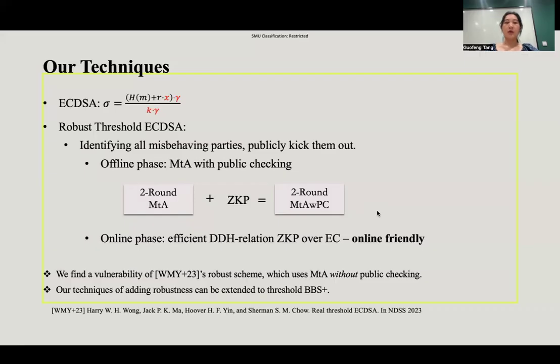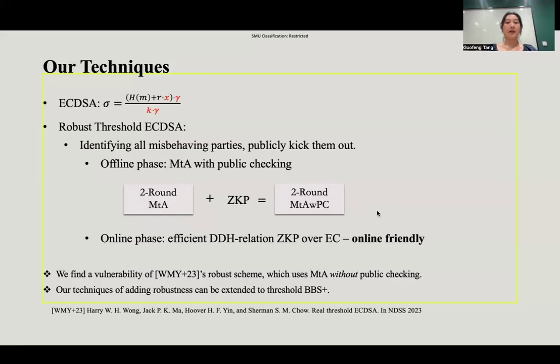We use zero-knowledge proofs added to the previous 2-round MtA to construct a 2-round MtA with public checking. The proof can be aggregated in multi-party cases.